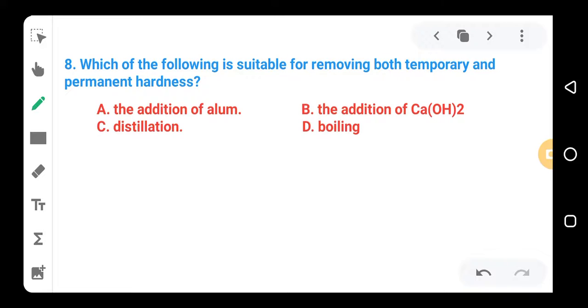But there is a particular method that I can use to remove any kind of hardness in water, and that is any method that will give you pure substance or pure water. Anything you can employ to get pure water will remove both the temporary hardness and permanent hardness.